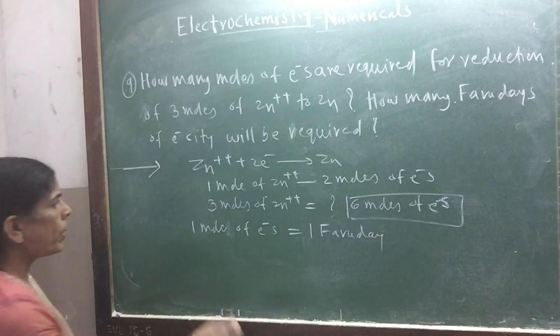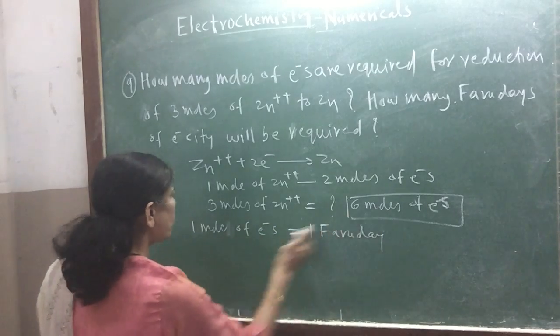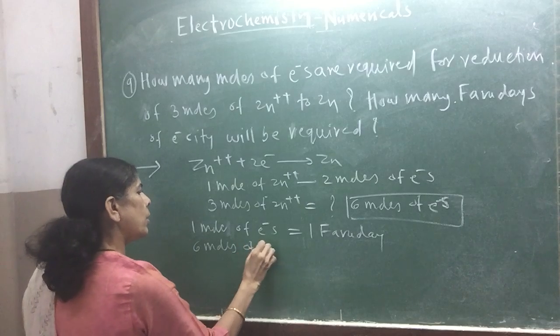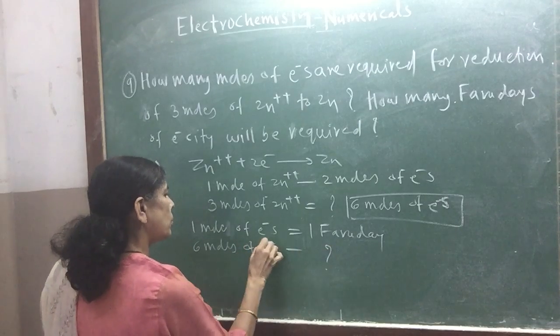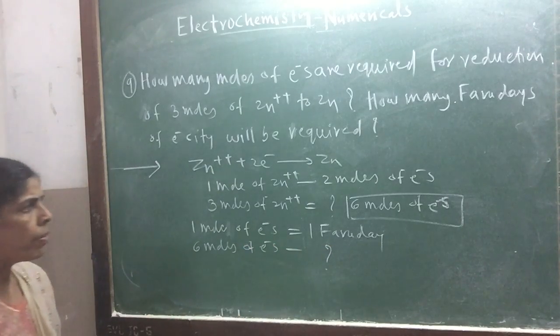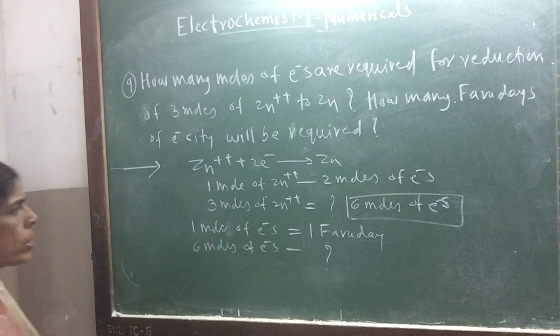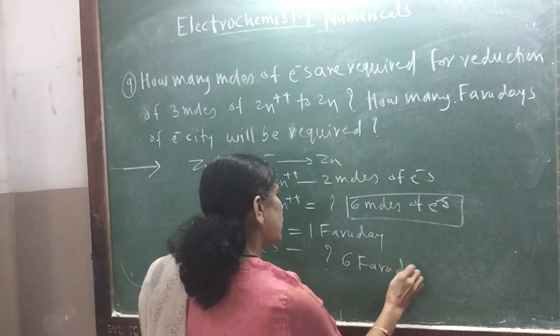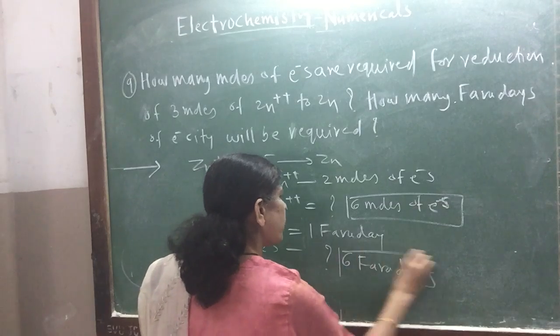So if you have 6 moles of electrons, what will be the electricity in Faraday? That will be equal to 6 Faradays.